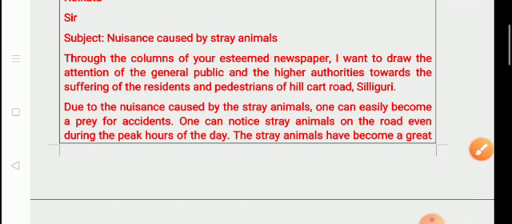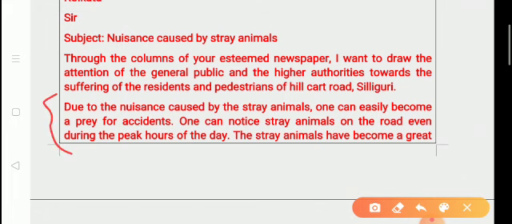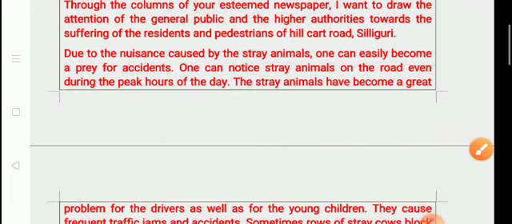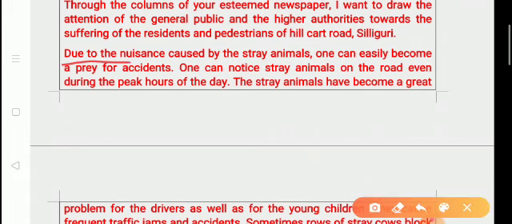You expressed your desire that your views be published in a newspaper. Then you start writing the facts. First you write the purpose of writing. Due to the nuisance caused by the stray animals, one can easily become a prey for accidents.